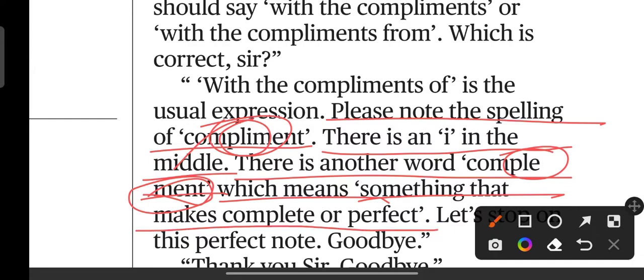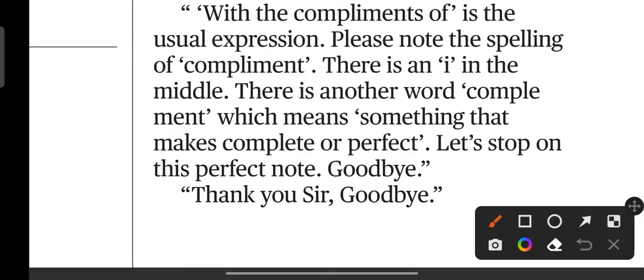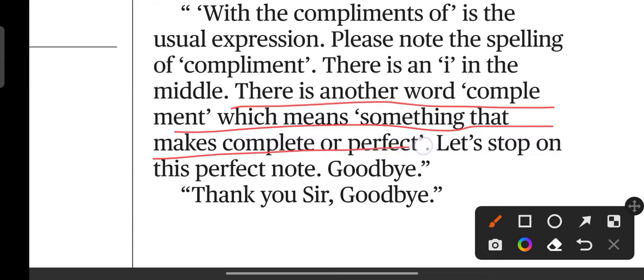The pronunciation of both is the same, but the meaning of both is different, so you have to keep this in mind. So this is the other word, complement, which means something that makes complete or perfect.